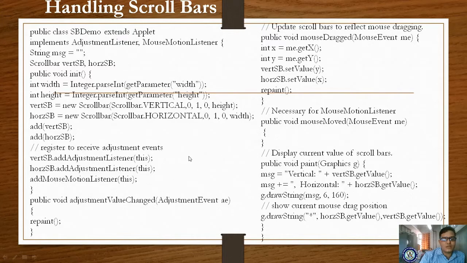Whenever you click on the vertical scroll bar, whenever you perform some events, that means dragging or clicking, all these are adjustment events. According to that, whatever listeners you have registered will be executed. Okay. Now the horizontal scroll bar. Whenever you click on the horizontal scroll bar, addAdjustmentListener of this.